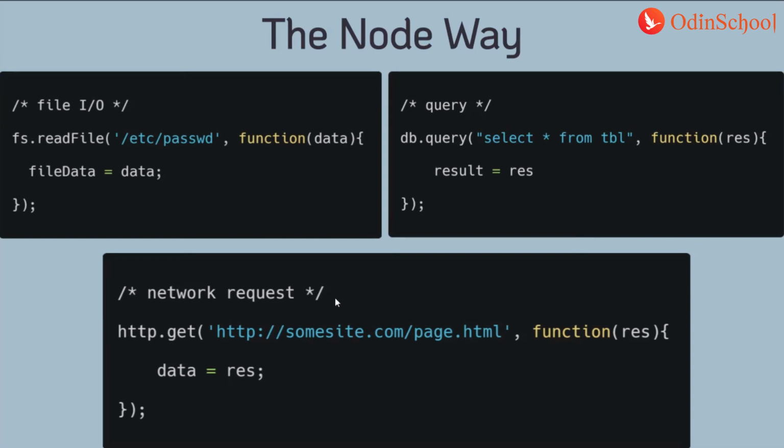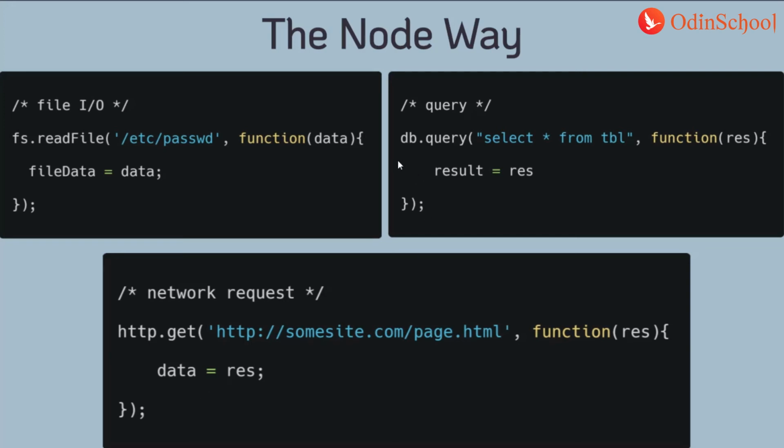Same goes for this network request. The function will be called as soon as the network request is finished and we have the data ready. So this is the node way of doing things, and this pretty much changed the game.